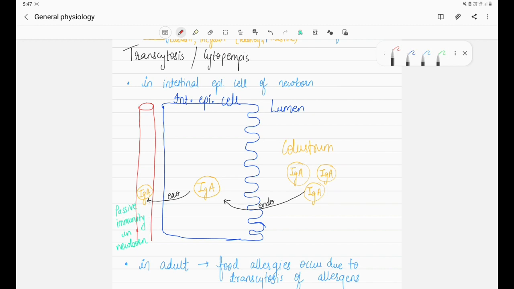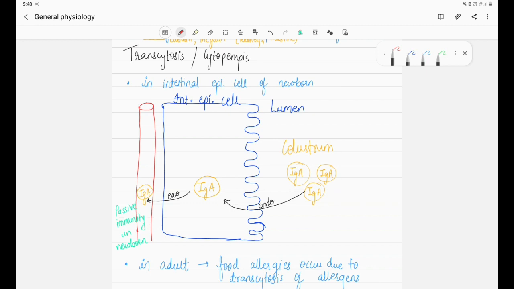Now you know the newborns or infants up to 6 months of their life are having breast milk. Now the initial breast milk is called the colostrum, and the colostrum is rich in IgA antibodies. Now these IgA antibodies are present in the lumen after drinking from the mother.